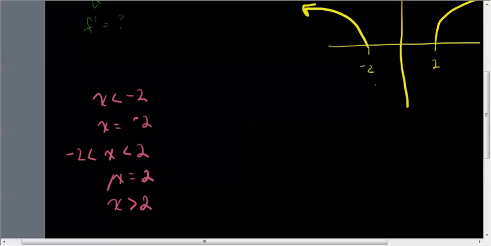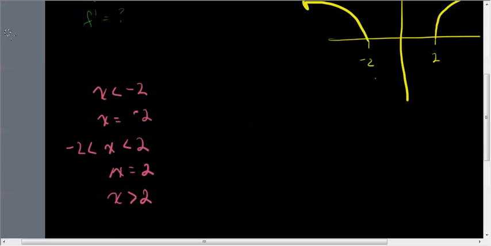All right, when x is less than negative 2, this is my function. Let me find my pages. Then it's my original function. When x is less than negative 2, f of x is the square root of x squared minus 4. When x equals negative 2, see this is sort of like a corner.